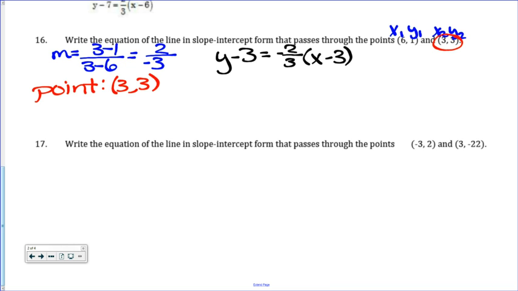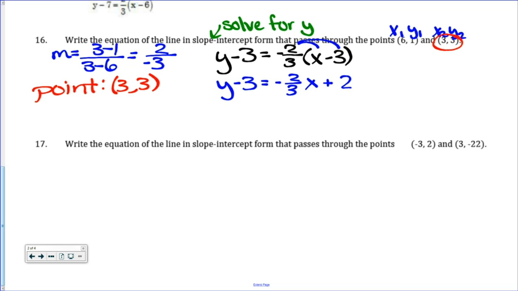To get it into slope-intercept form, all we have to do is take point-slope and solve for y. So this goes back to our literal equations. We're just trying to isolate the variable y. So I'm going to distribute first. We get negative 2/3 x plus 2. Negative 2/3 times negative 3, we're left with positive 2.